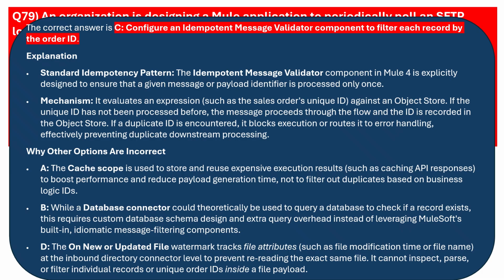D. The on new or updated file watermark tracks file attributes, such as file modification time or file name, at the inbound directory connector level to prevent rereading the exact same file. It cannot inspect, parse, or filter individual records or unique order IDs inside a file payload.